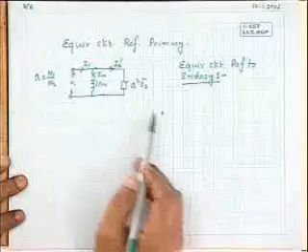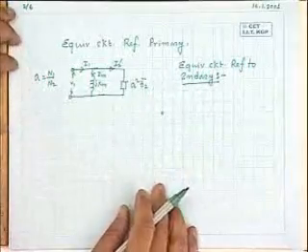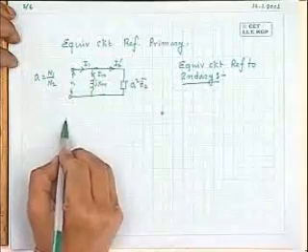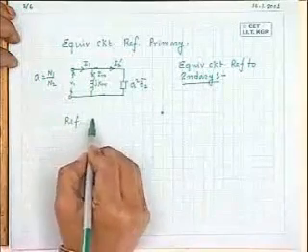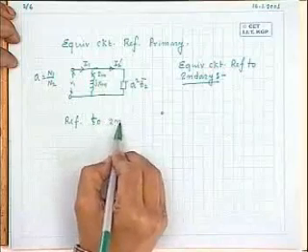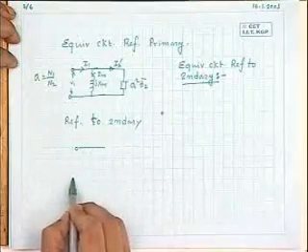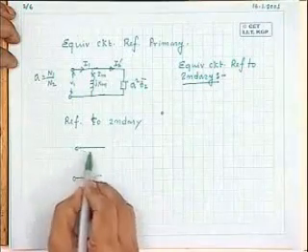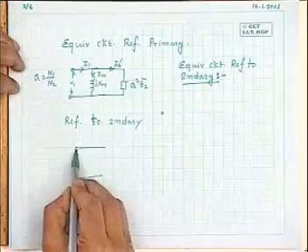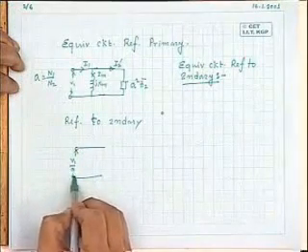So what I am trying to tell is, once I have got the equivalent circuit referred to the primary, the drawing of the equivalent circuit referred to secondary can be done in this way. What will happen to this voltage? I should divide it by A. V1 by A I should write.